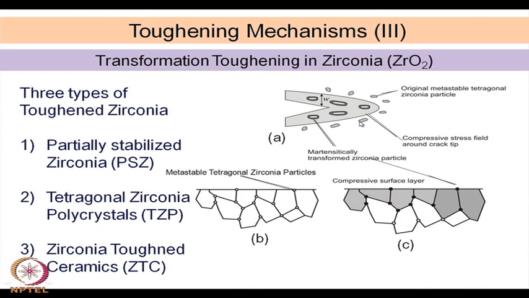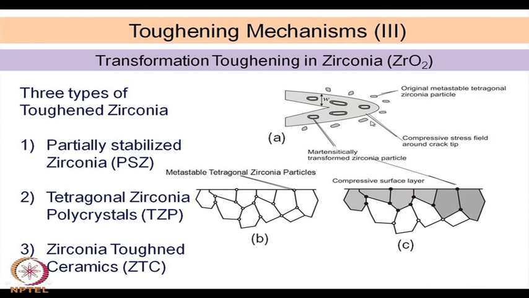So, this diffusionless transformation is not an isothermal transformation. So, with time, if we maintain at a particular temperature, the volume fraction does not change. It is called athermal transformation, that by changing the temperature one can have the transformation. So, these are some of the specific characteristics of this particular tetragonal to monoclinic transformation.